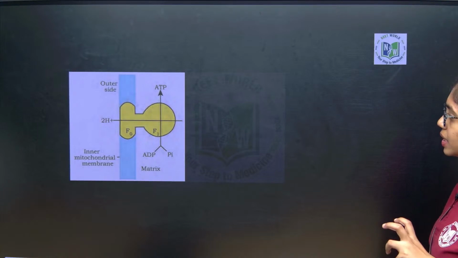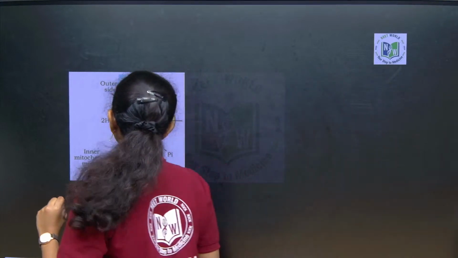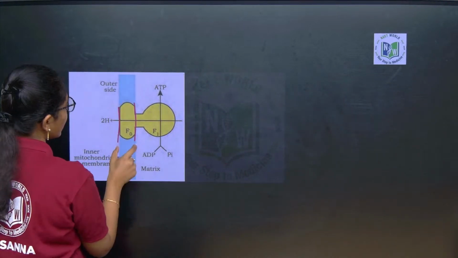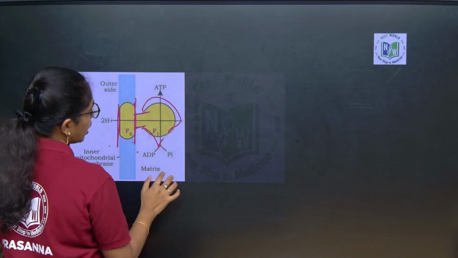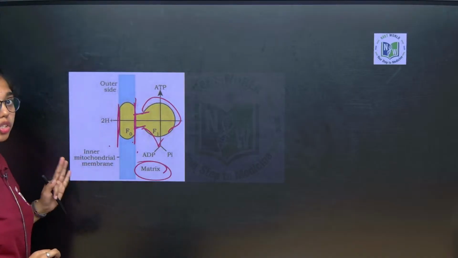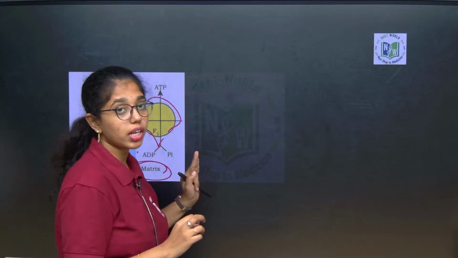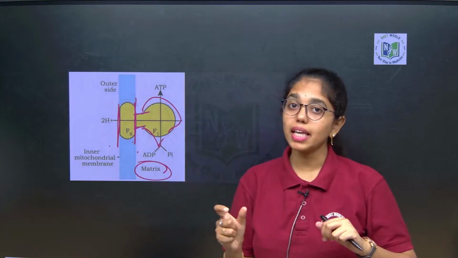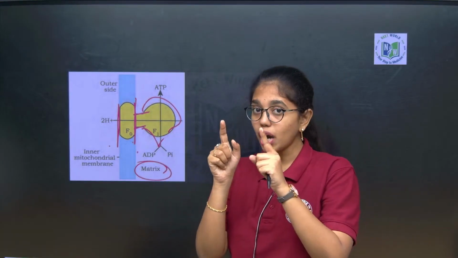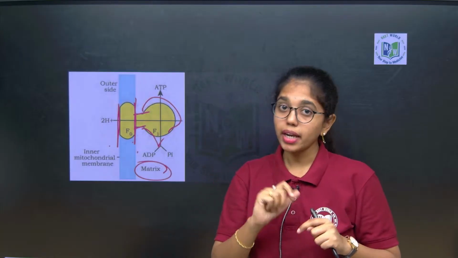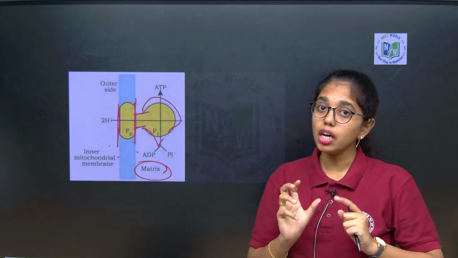And next, this is the protein pump channel, wherein F0 is inside the inner mitochondrial membrane and F1 is towards the matrix. You have to remember the differentiation clearly. In the chloroplast, ATP synthase has F0 inside the thylakoid membrane and F1 towards the stroma.